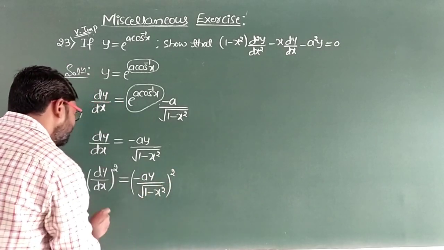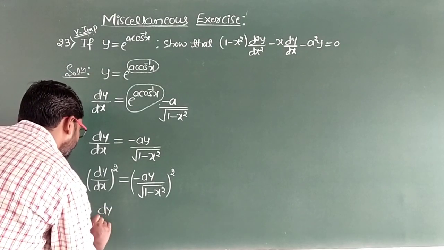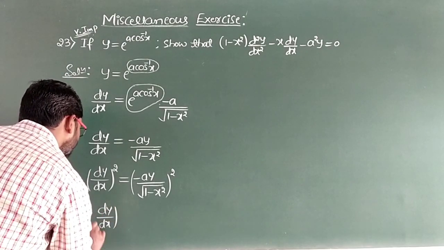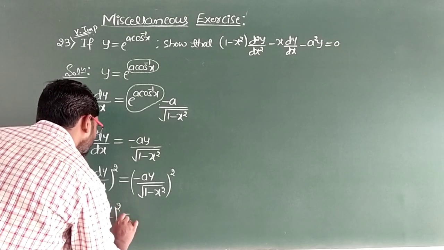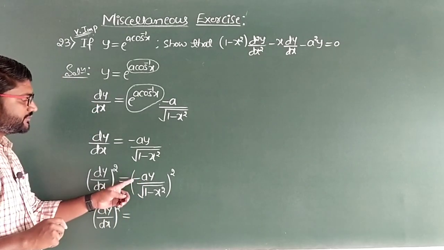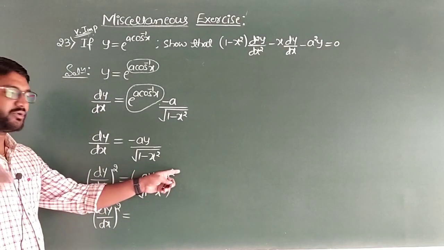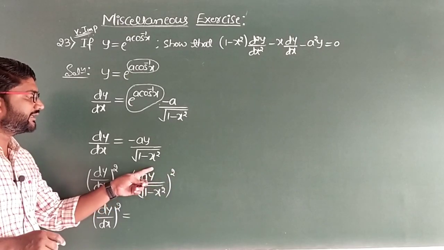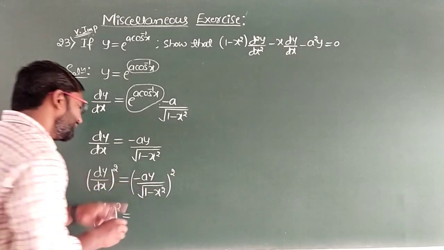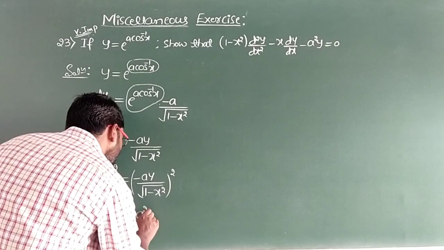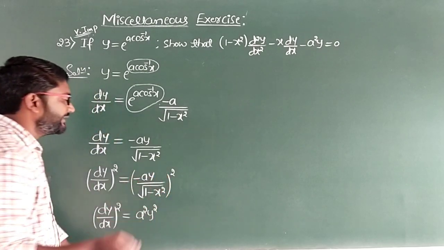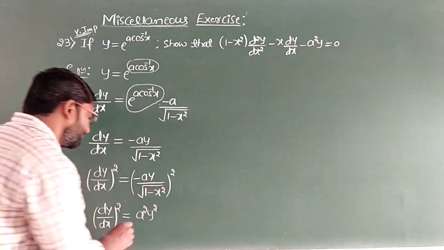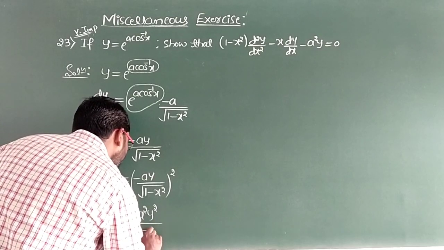So now in the next step, we get dy by dx the whole square equals, so negative square is always positive, this square applies to the numerator as well as to the denominator. In the numerator we get a square y square, and in the denominator square and root get cancelled, so we have 1 minus x square.